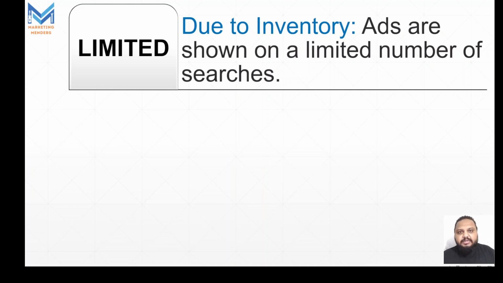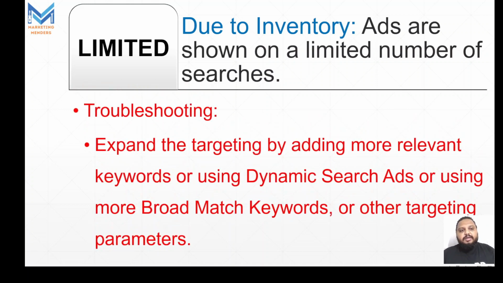Now, what is to be done in that case? If you find limited due to inventory as the bid strategy status, you have to expand the targeting parameters. Maybe you have selected a very narrow audience, maybe geographically, or due to some demographic parameter, or maybe some interest or behavior parameter. They are very narrow.